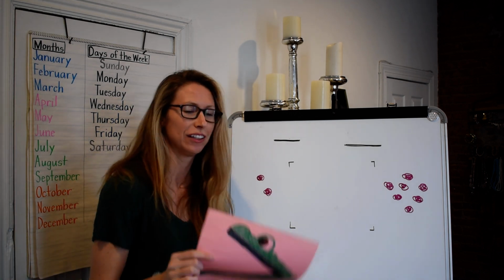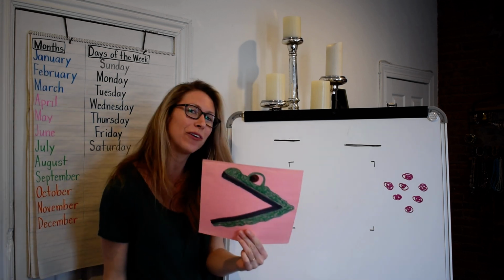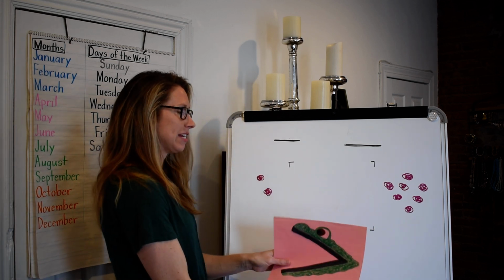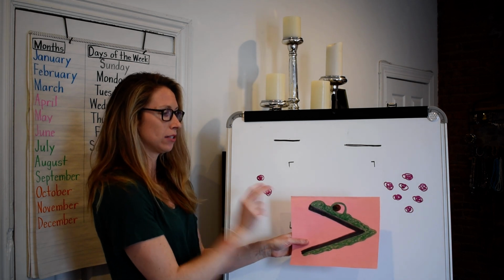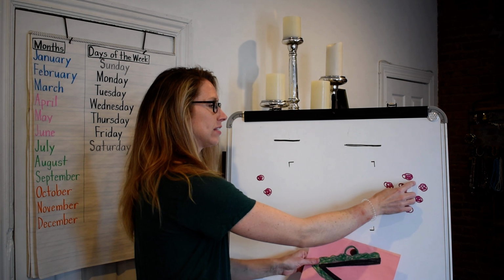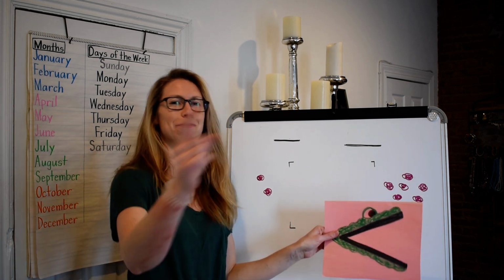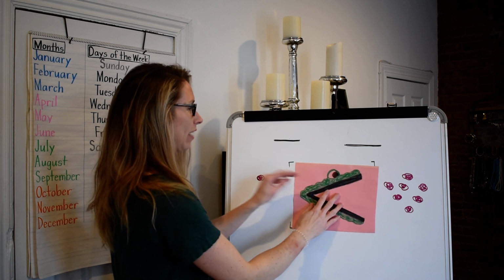Oh my goodness, you look just like your cousin. Al, the alligator, always hungry. Is he going to want to eat 2 raspberries or 1, 2, 3, 4, 5, 6, 7 raspberries? Yep, you got it. He wants to eat 7 raspberries.